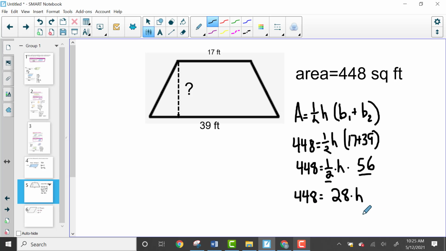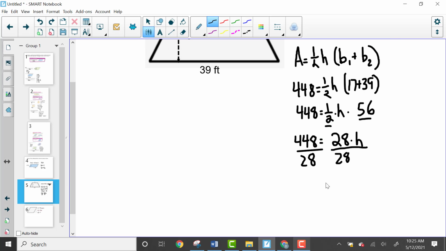We don't know the height, so that means we need to divide both sides by 28. That brings down our h all by itself. Then we take 448 divided by 28, and that's going to give us a height of 16.